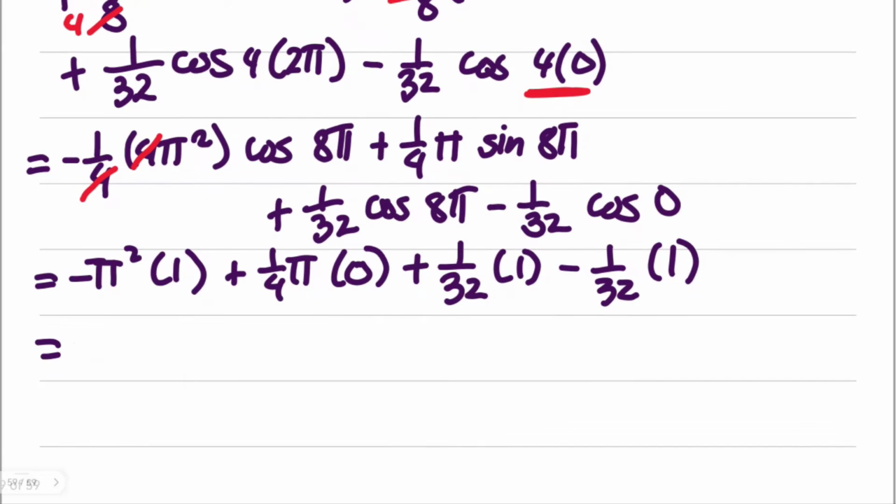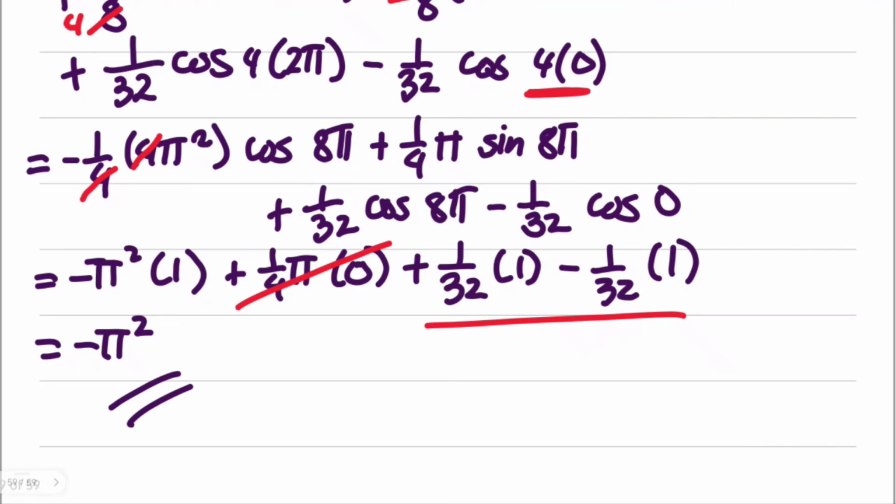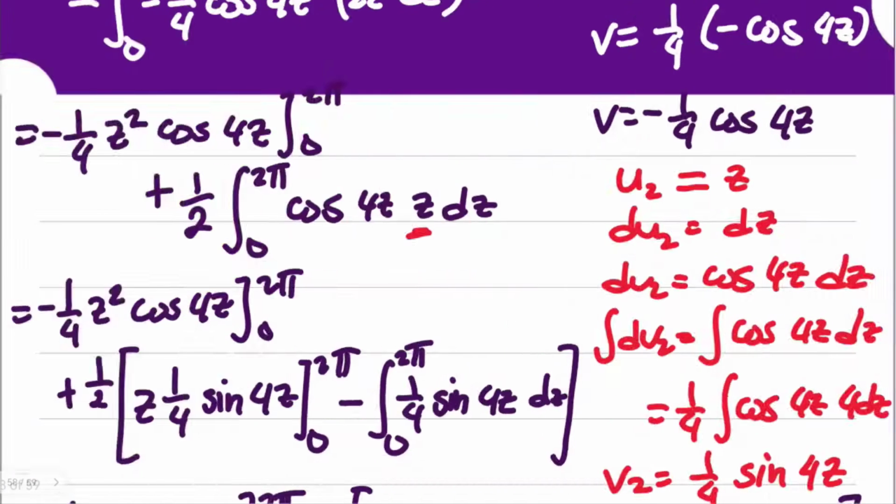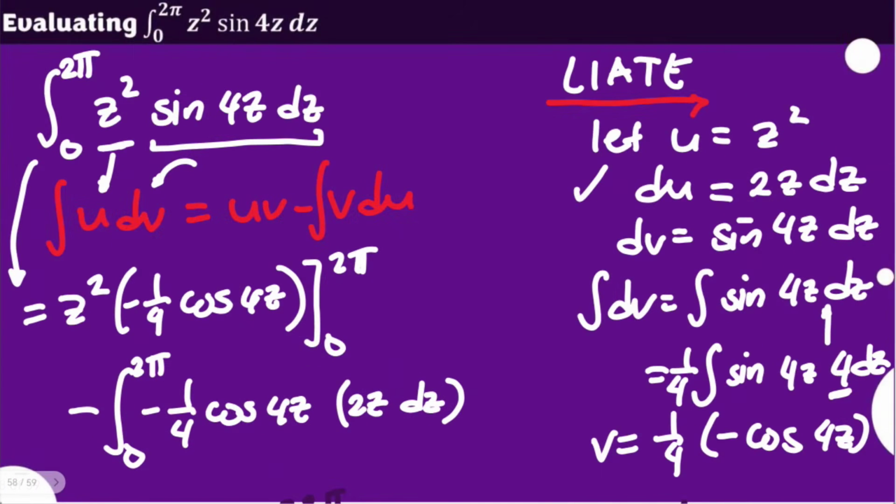This means I have negative pi squared. This becomes 0, and this too becomes 0. So that would mean the final answer, finally, for this very long process involving 2 sets of integration by parts, is actually negative pi squared. This is the integral of z squared sine 4z dz from 0 to 2 pi. Again, the answer is negative pi squared. Thank you very much for watching.